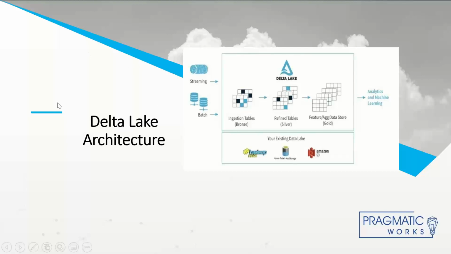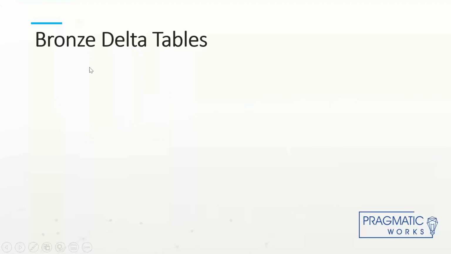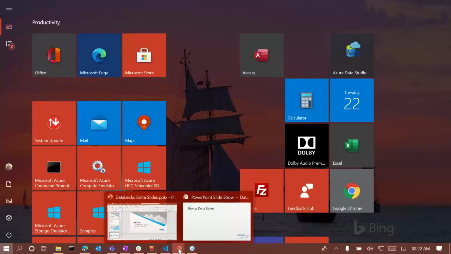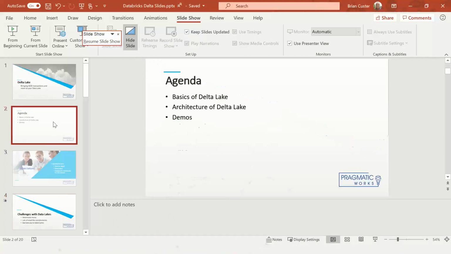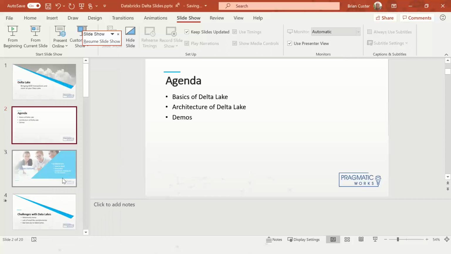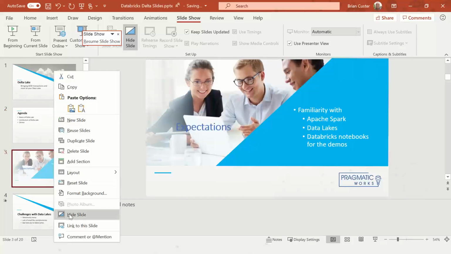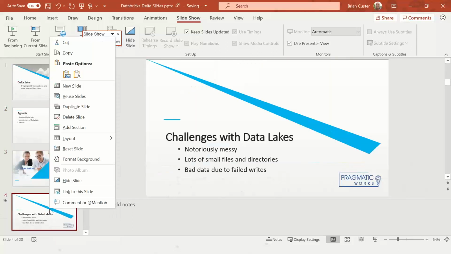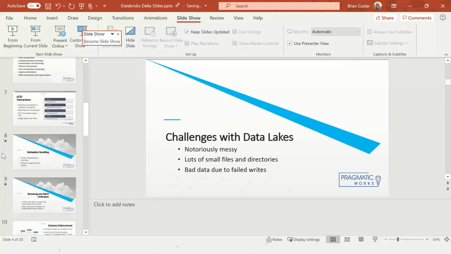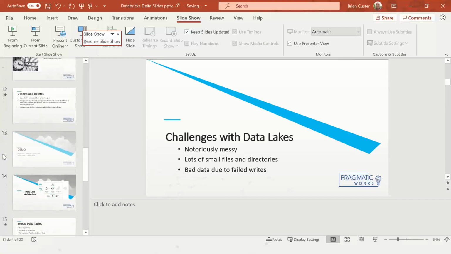Hold on a second. I think I'm missing some slides. Bear with me here. Hold on just one second. Yeah, I've got some slides hidden here. I'm sorry about that, guys. Let me unhide these, because I'm going too fast. Bear with me.